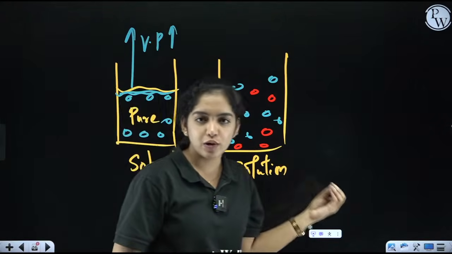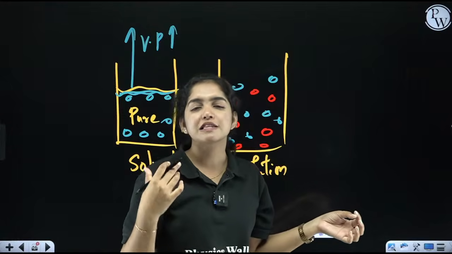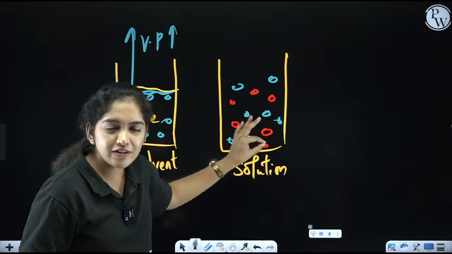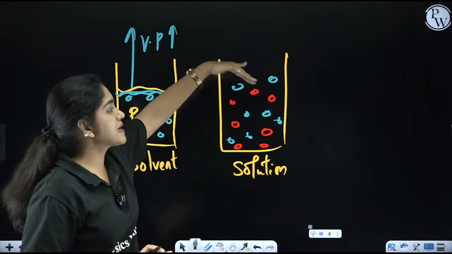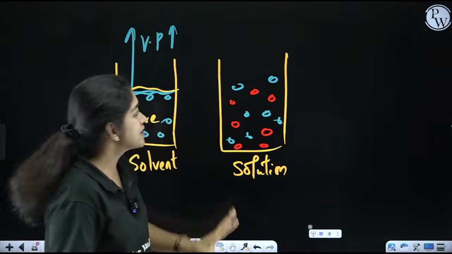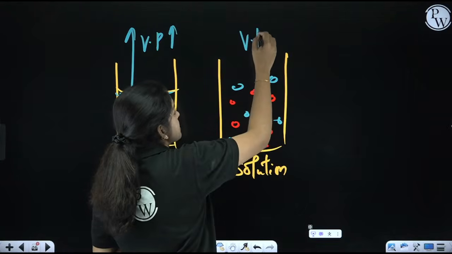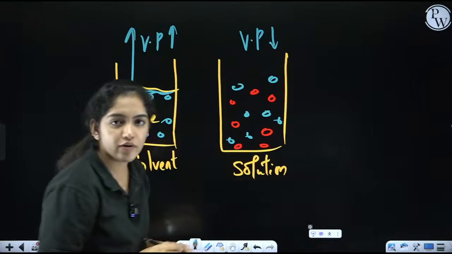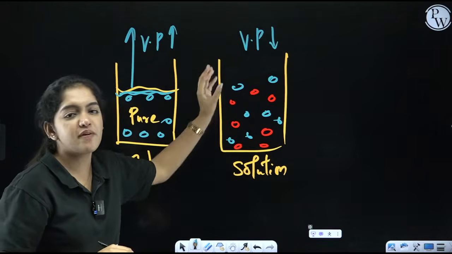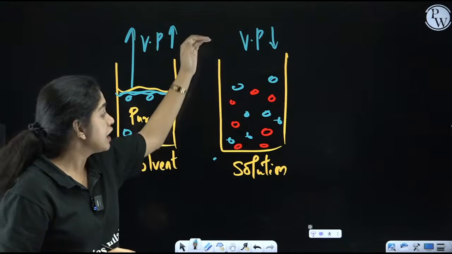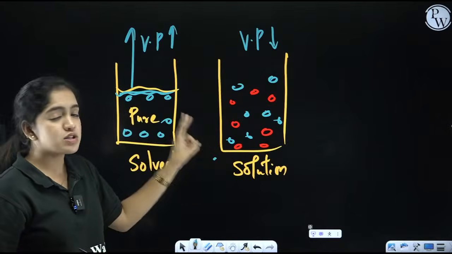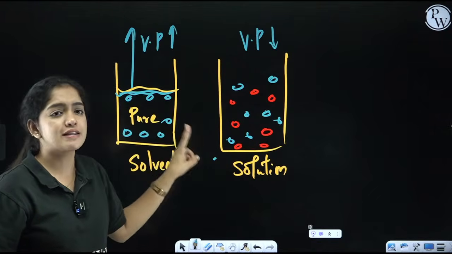But in the case of solution, solute molecules are also present along with the solvent molecules. The solute will be present on the top layer. It won't allow the solvent to vaporize, so the vapor pressure starts to decrease. That is the relative lowering of vapor pressure. Clear? Consider the two things: one is pure solvent and the other is the solution.